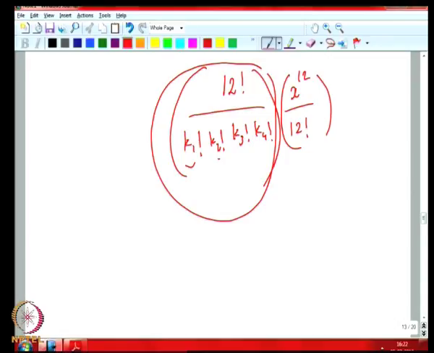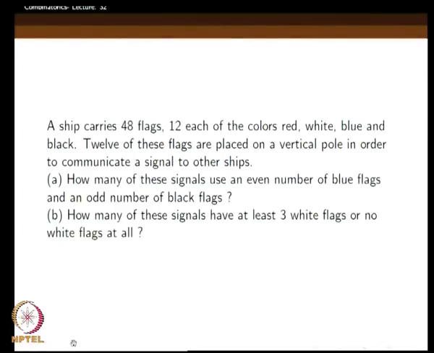So that is exactly what we are getting here as the coefficient of x raised to 12 by 12 factorial. So we will be ending up with the correct answer that way. If, instead of 12, you are looking for something more, for some other number, then also we can get the correct answer.